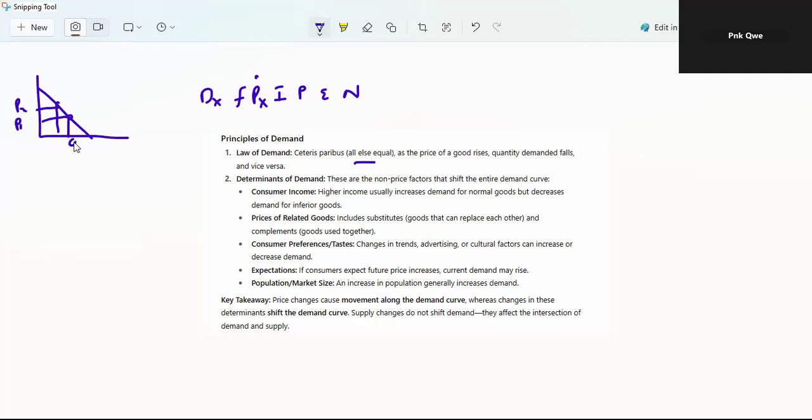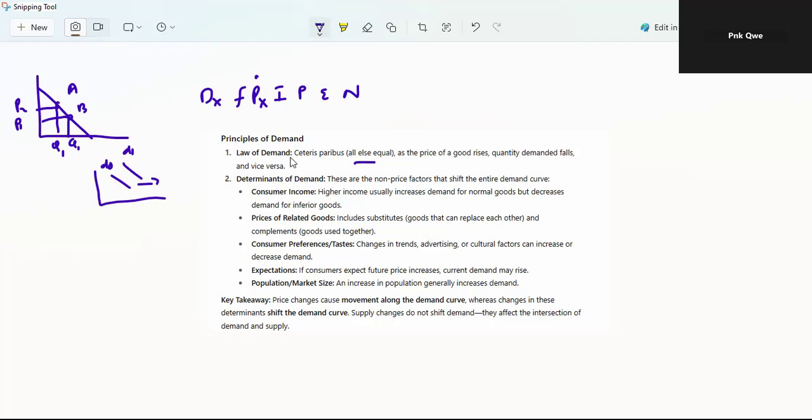So this is an inverse relationship. Other factors will not do this. They will simply cause a shift either to the right or to the left. This shift can be an increase in income or a decrease in income. When you're shifting to the right, the demand will move from D0, where D0 means original, to D1, the new position.